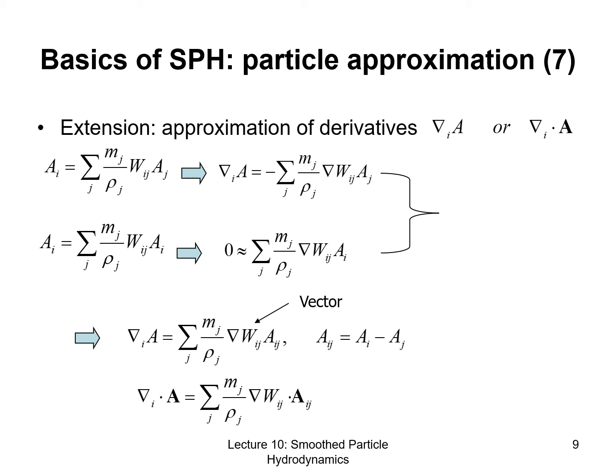Basically, this can be done by introducing integration by parts, because as we saw before, we have the integration of one value, and this one we approximate the value at R. So the value at R prime equals this integral.